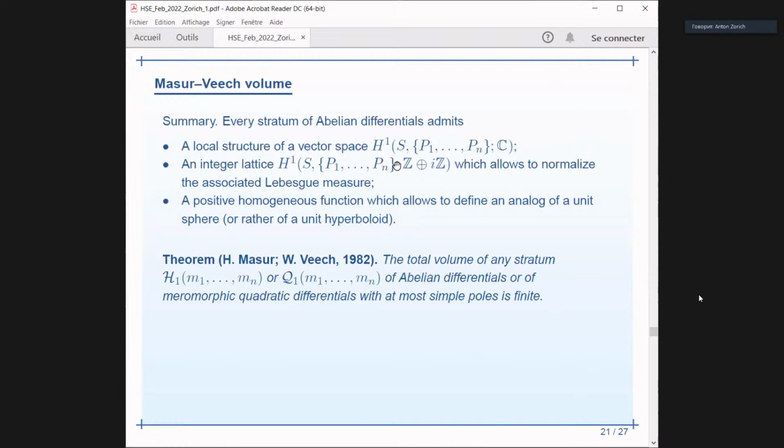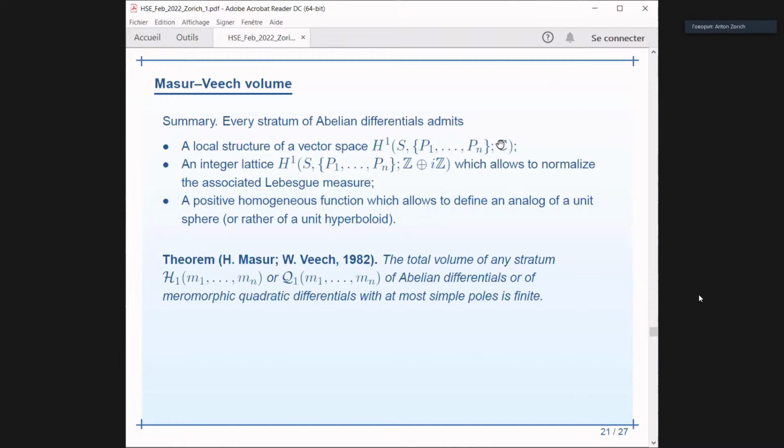So when we have a vector space with a lattice, we have a distinguished volume element. We take a linear volume element in the vector space such that the fundamental domain of the lattice is normalized to have volume 1.